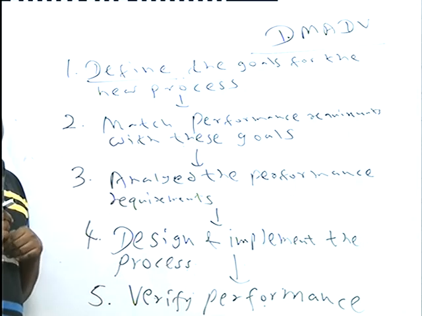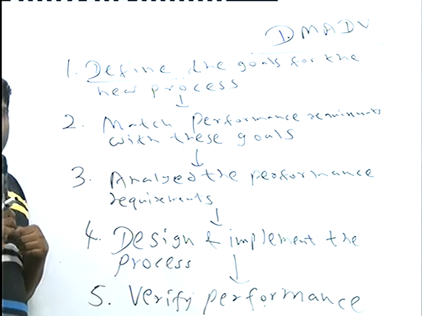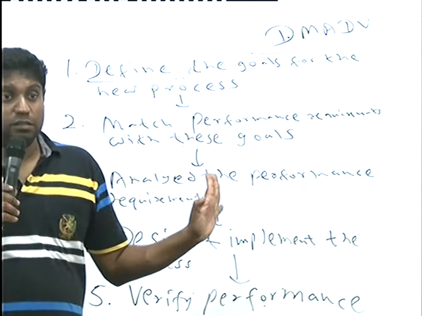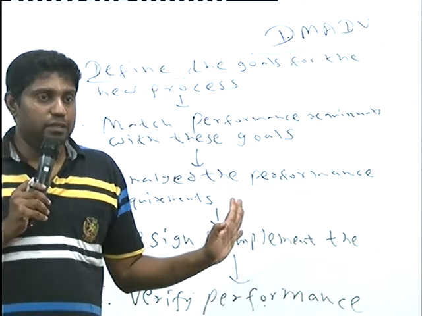A little bit tricky, right? Listen very carefully. Now think of this one from a new process point of view. Then it's much easier. You are going to design a new process or a major rechange.